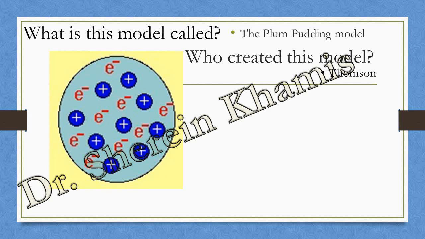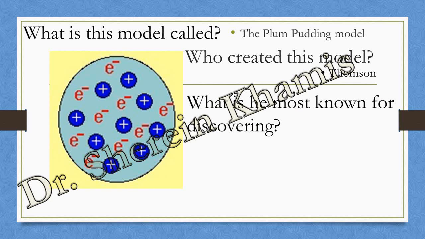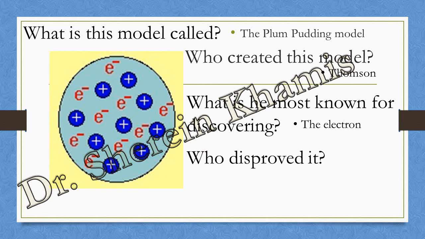Thomson, or J.J. Thomson. What is he most known for discovering? Or what are the assumptions, depending on the drawing in front of you? If you don't know, depending on the drawing in front of you, the first one is discovering the behavior of the electron, or it depends on the discovery of the electron.